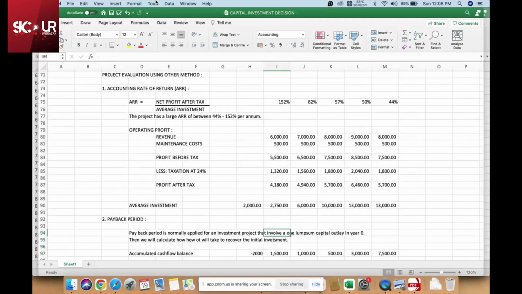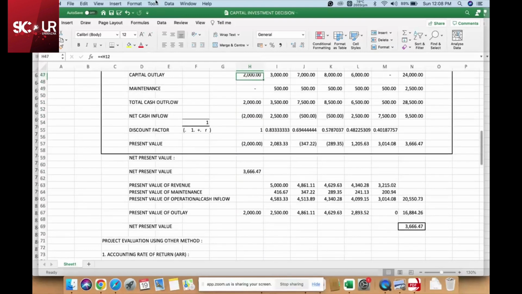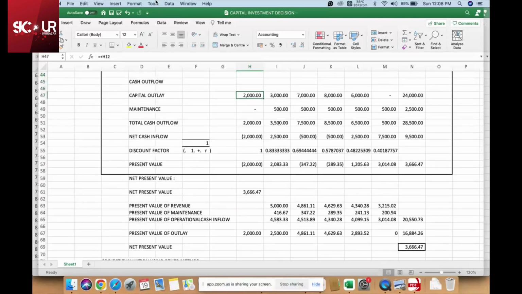Then you calculate the average investment, and average investment here is a bit tricky because the investment is done in installments. 2 million in year 0, 3 million in year 1. So you need to average between the 2 million and 3 million in year 2, and take into account 7 million in year 3, and so on.